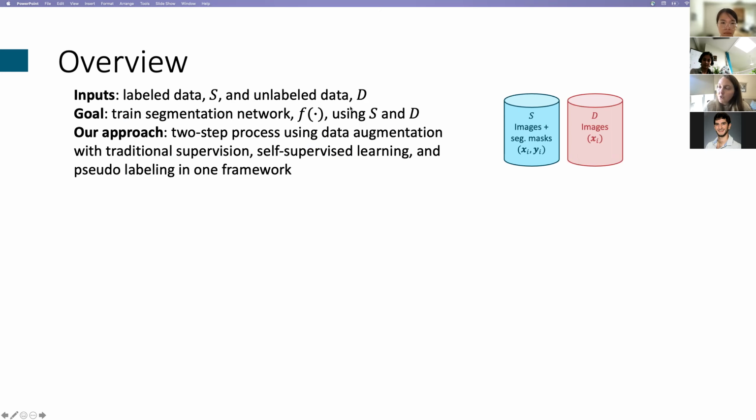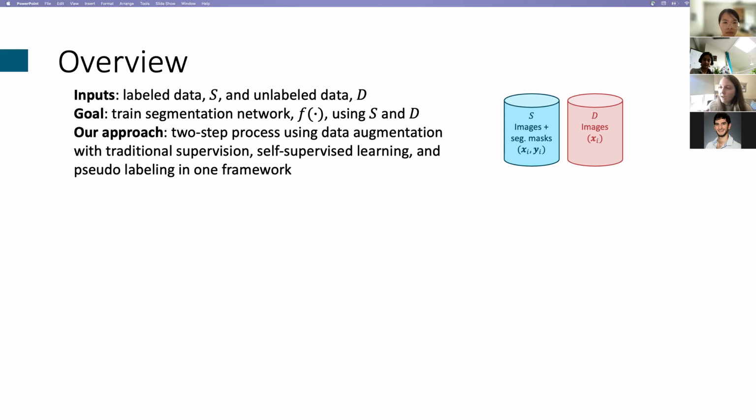And then we also assume we have access to a much larger set of unlabeled data, D. D just has the images, or X, and these are much easier to accumulate, right? You can just pull them from the PACS without additional manual labeling burden, or maybe there's a public data set you can use. And our goal is to use these two data sets, the labeled data set S and the unlabeled data set D, to train some segmentation network F.